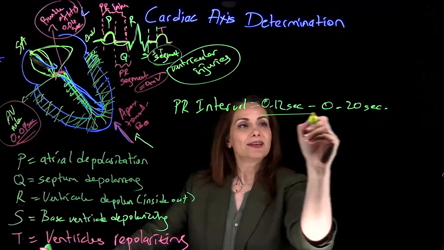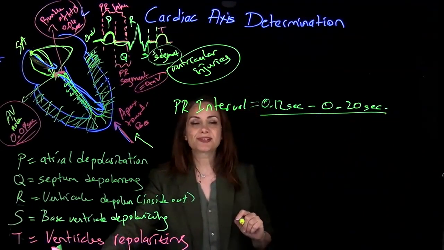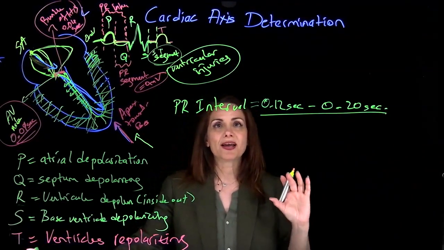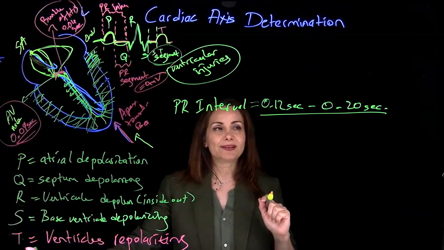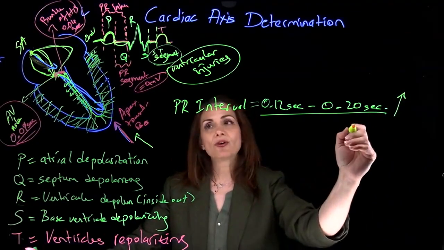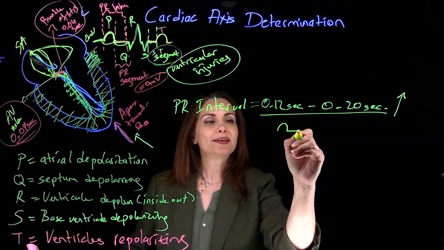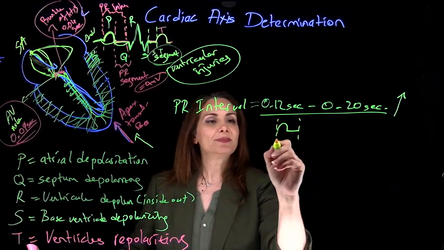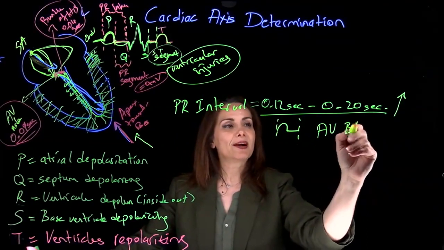So if this is normal, we have a normal depolarization of the atria followed by a normal delay in the AV node and the bundle of His. But if this is longer than 0.20 seconds, if you see a nice P wave, but still the PR interval being longer than usual, then we should think of AV blocks.